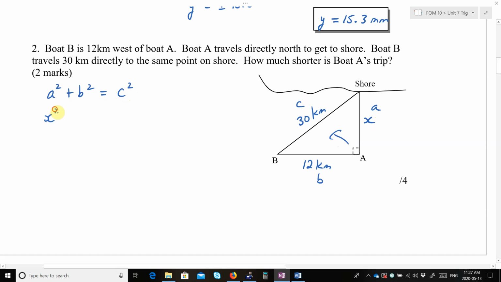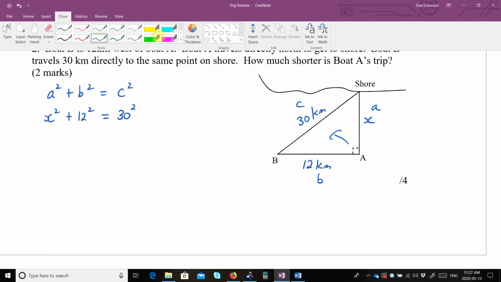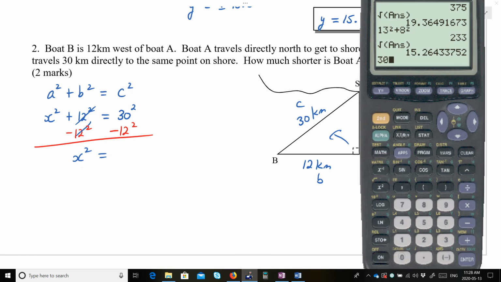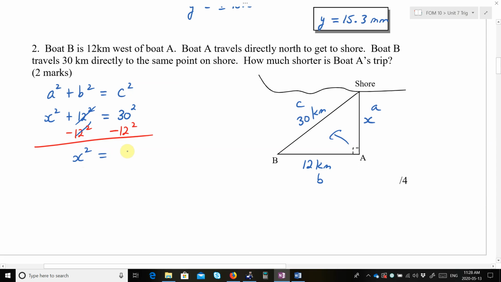A is X, so X squared plus 12 squared equals 30 squared. And now let's get x by itself. So subtract 12 squared, subtract 12 squared. X squared is equal to 30 squared take away 12 squared, which is 756.